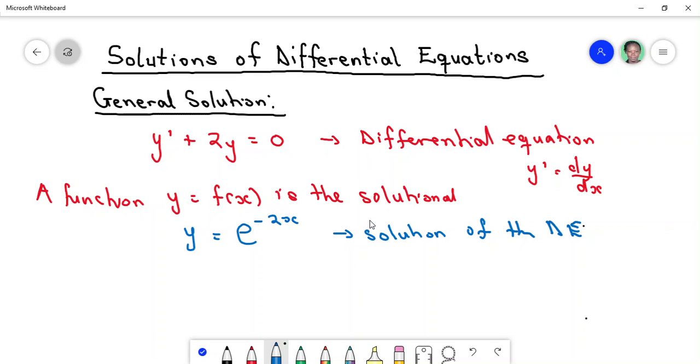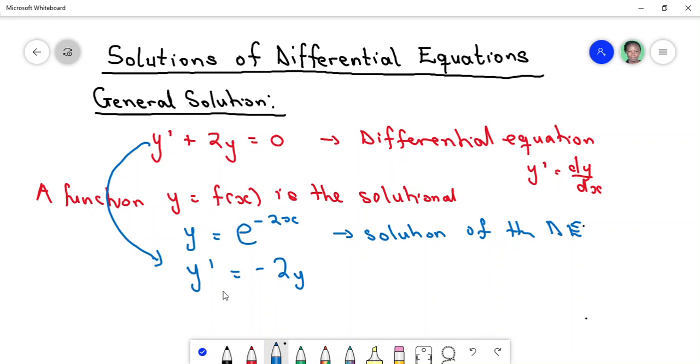How true is that? To see this, all that we do is substitute for y and find the derivative in the original equation. From here, you realize that we said y prime equals minus 2y.